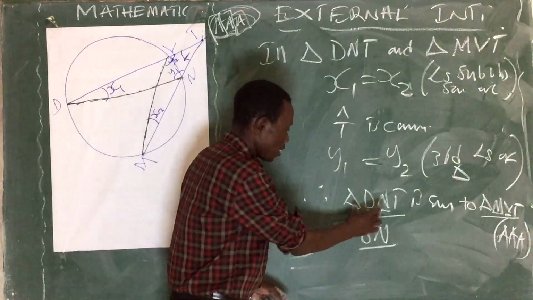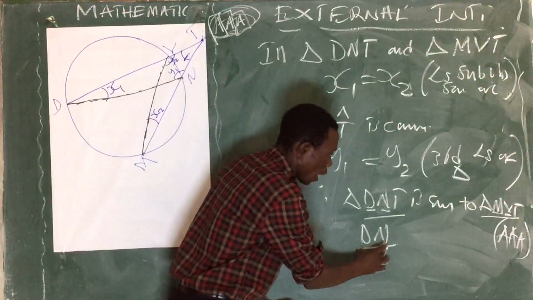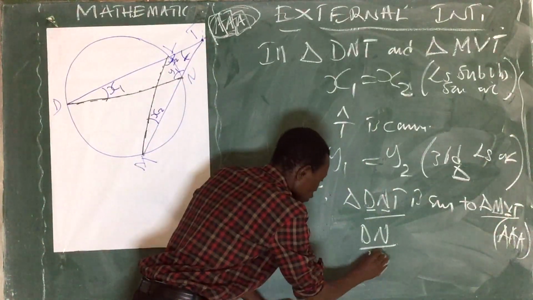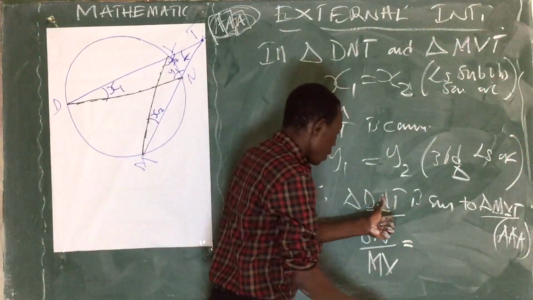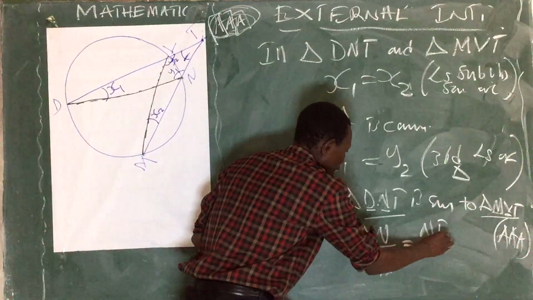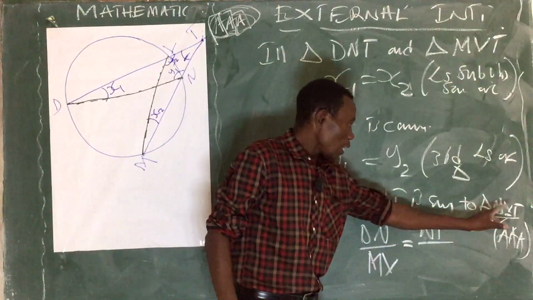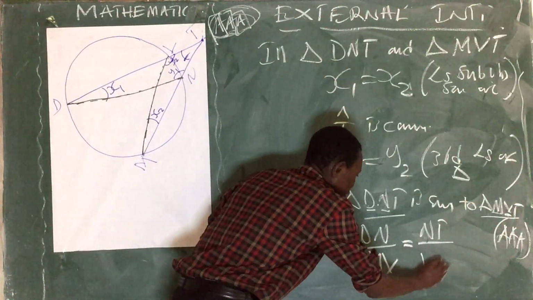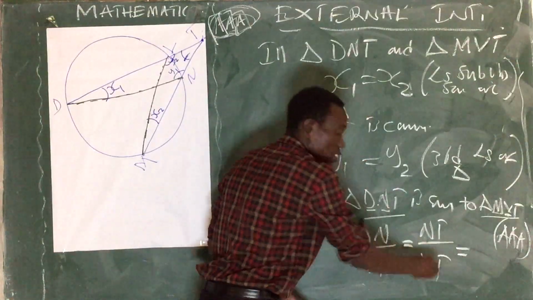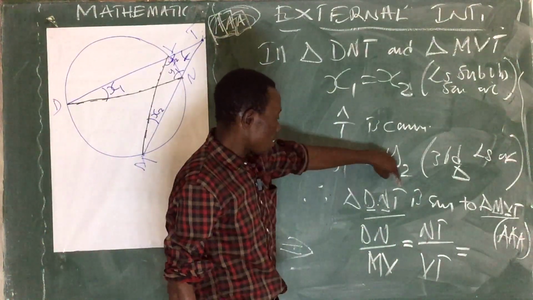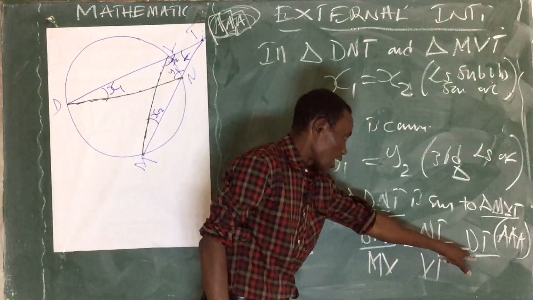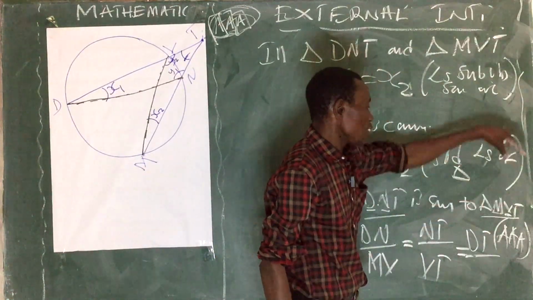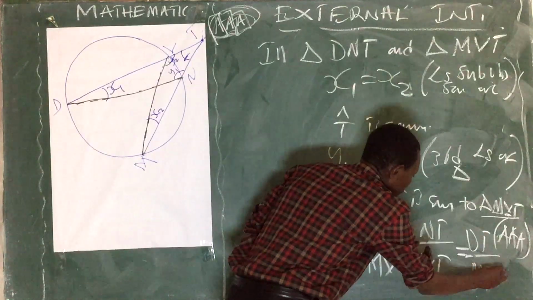We can write it like DN to MV, must be equal to NT to VT, and this must be the same as DT to MT.